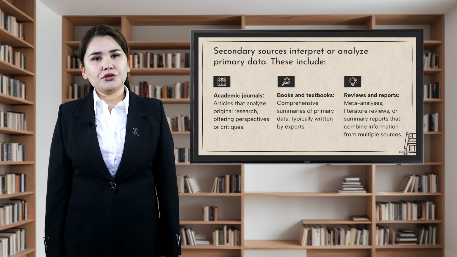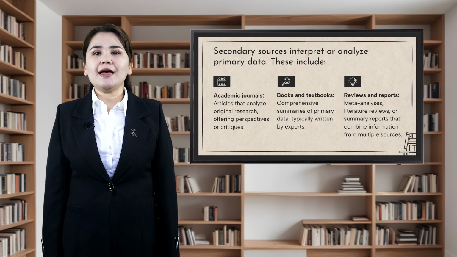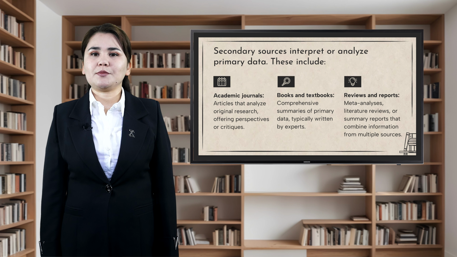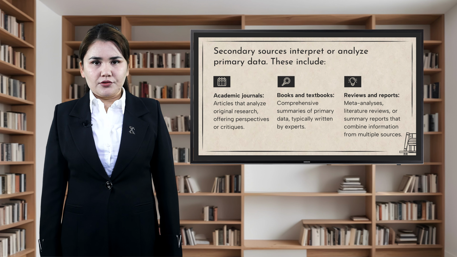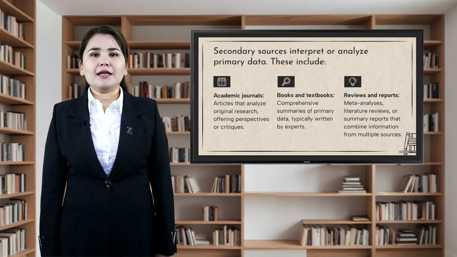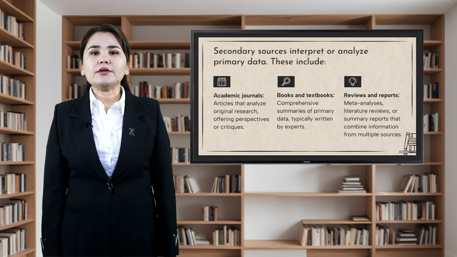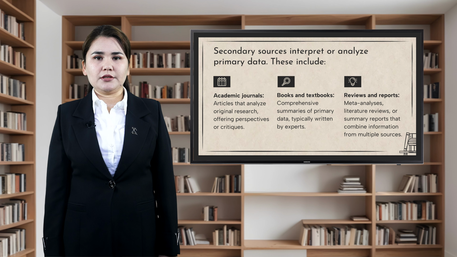And the next question is about books and textbooks. Those are comprehensive summaries of primary data, typically written by experts. When it comes to reviews and reports, you can find meta-analyses, literature reviews, or summary reports that combine information from multiple sources.